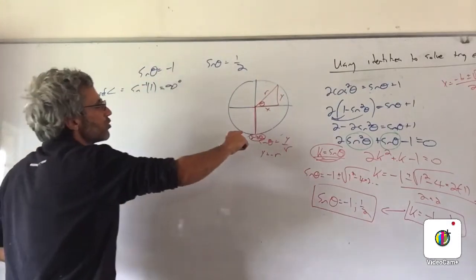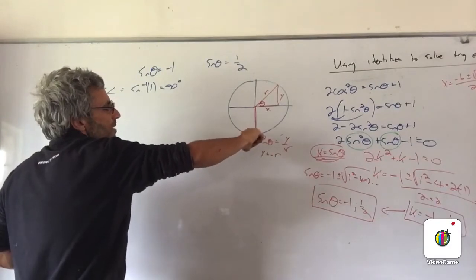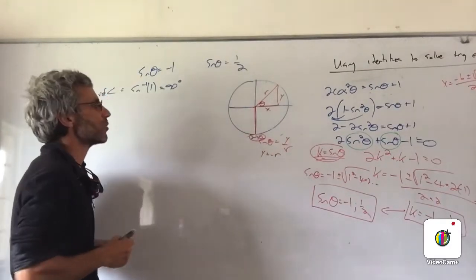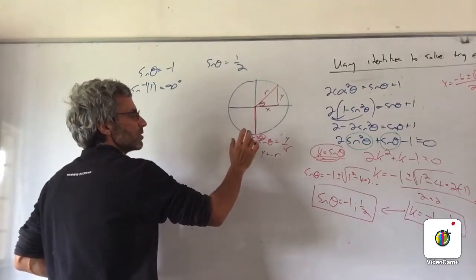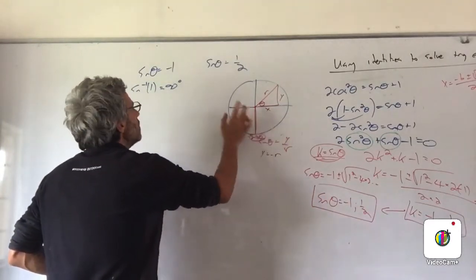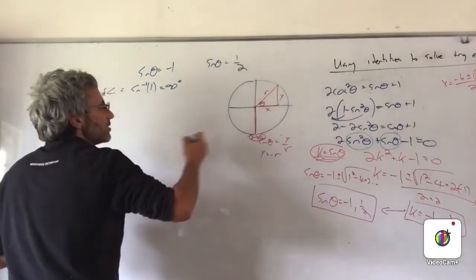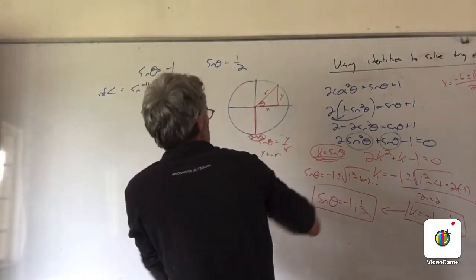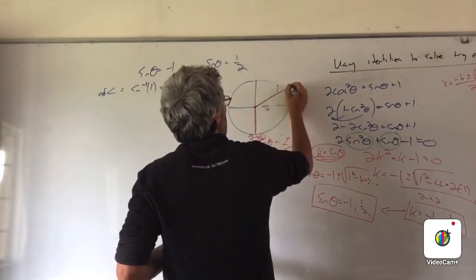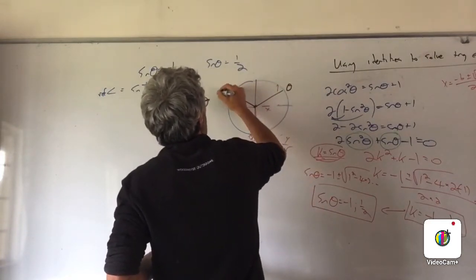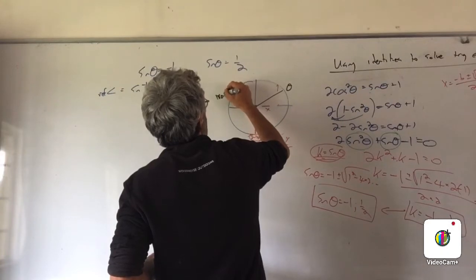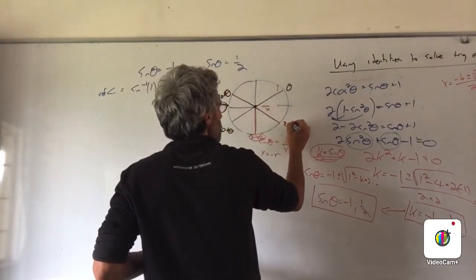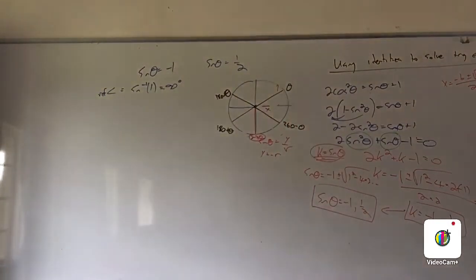So which quadrant will be my solutions for negative sine? When do I have negative sines? Third and fourth. So how do I go? I need to again draw my little diagram here: theta, 180 minus theta, 180 plus theta, 360 minus theta. It's going to be an interesting one, this one.